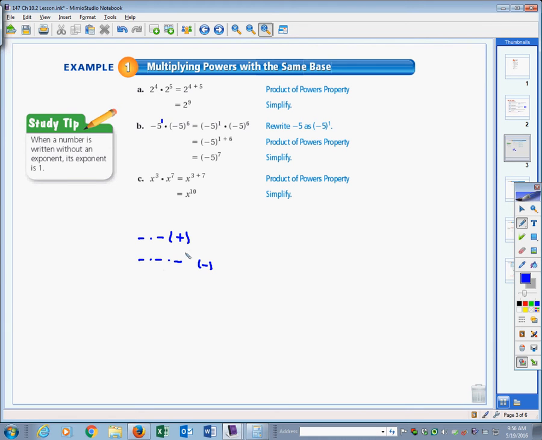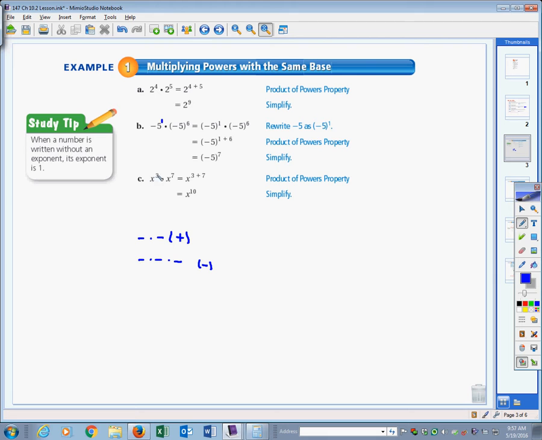So that's reviewing something that I might not have hit strong enough yesterday. When you have a negative number multiplied times itself, if that exponent is odd, you're going to have a negative answer. If this was negative 5 to the 6th, would my answer be negative or positive? Positive, because it's an even number. Okay?